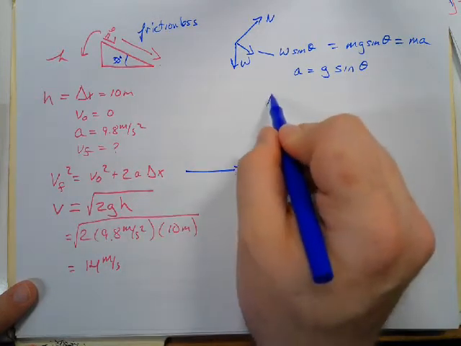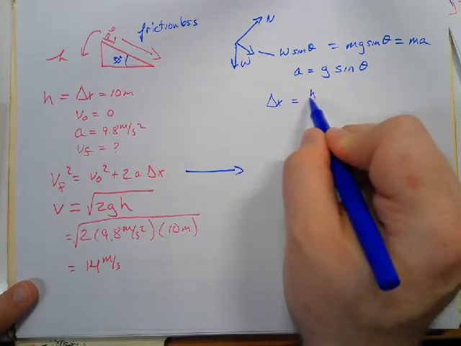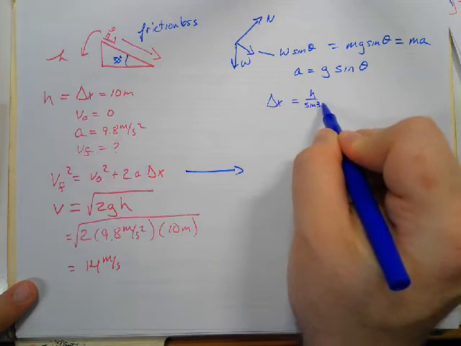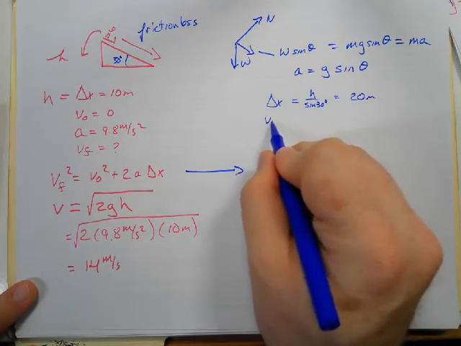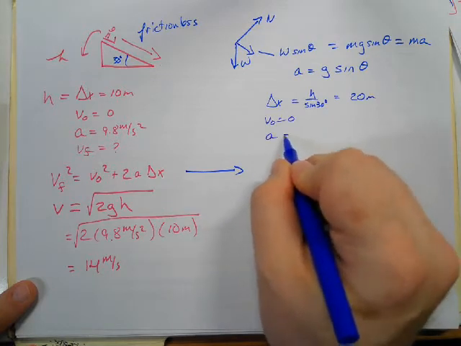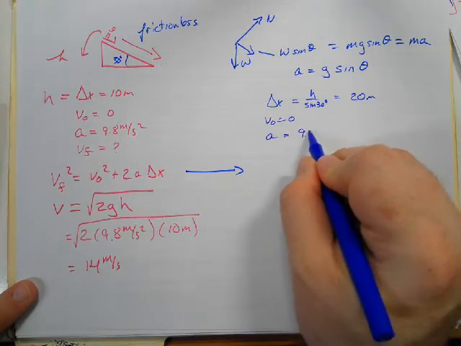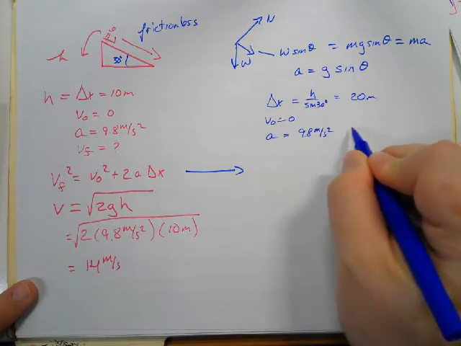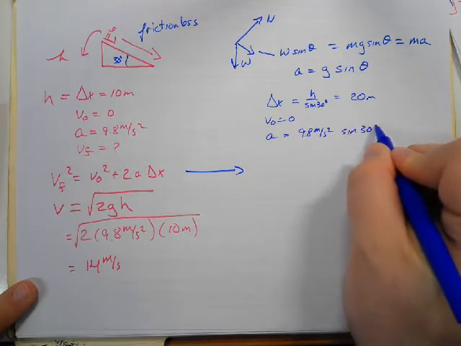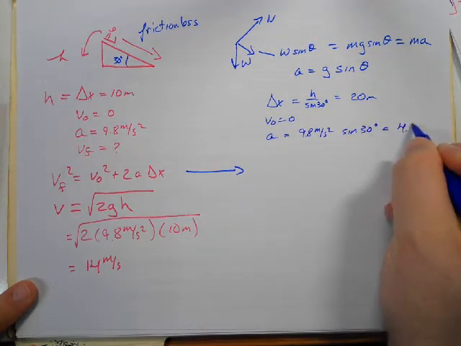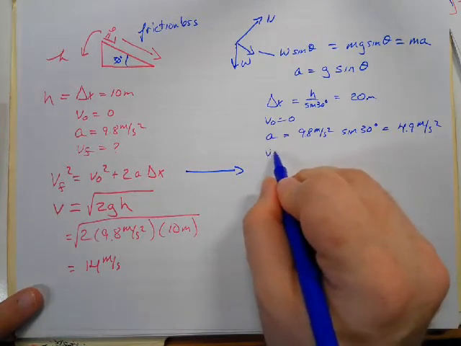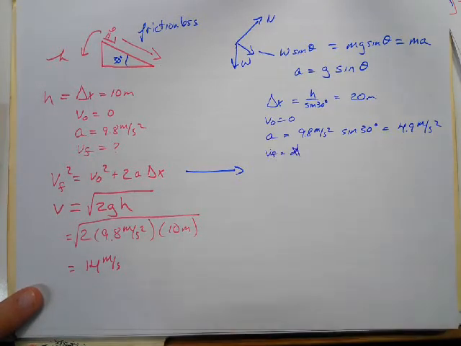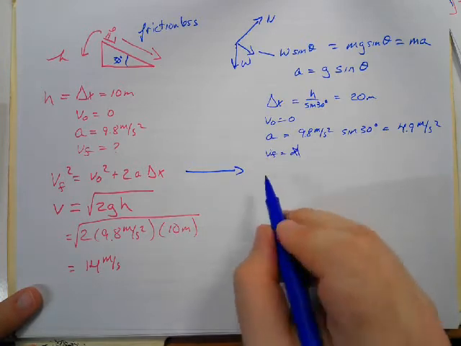So delta x is h over sine 30 degrees, which is 20 meters. The initial velocity is 0. The acceleration a is 9.8 meters per second squared times sine of 30 degrees, which is 4.9 meters per second squared. And V final is what we want. We do the same math.